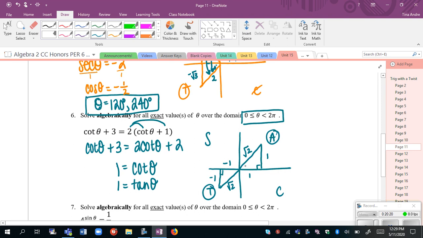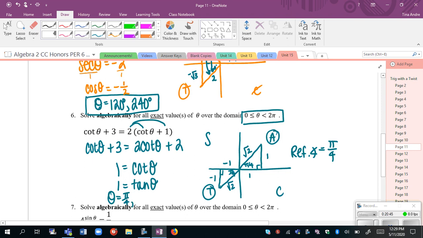So this is going to be my 45, and I'm in radians, so I'm not going to write 45. I'm going to write pi over 4 as my reference angle. And when I look at my answer here, the first quadrant's already good to go, so that's my first one. Theta is equal to pi over 4 radians.